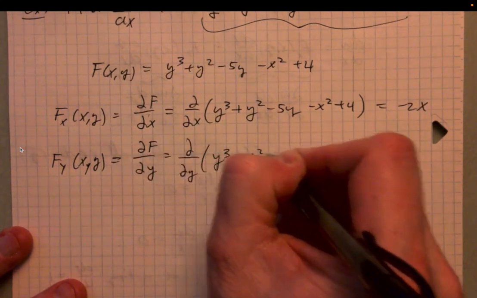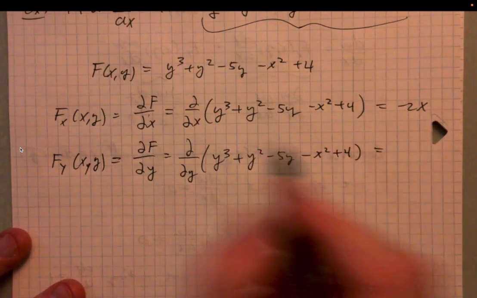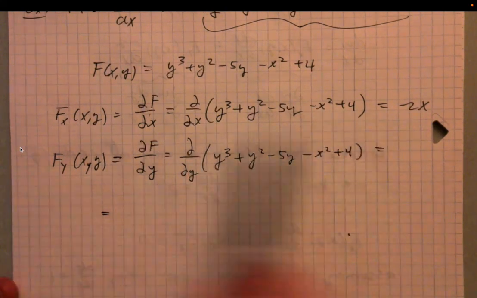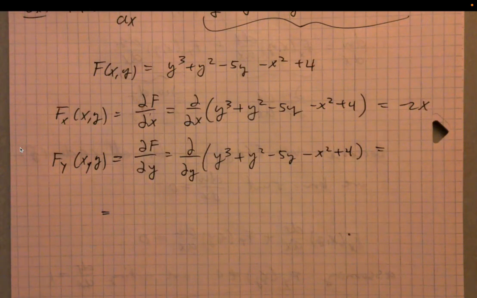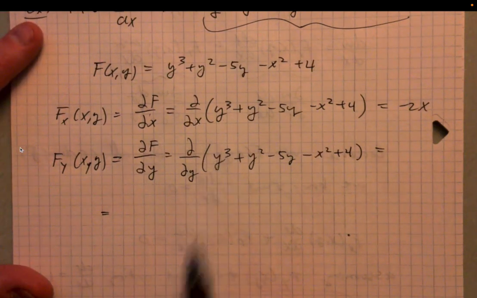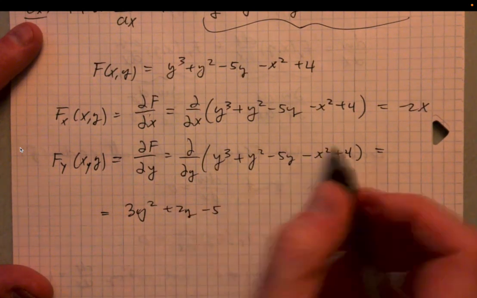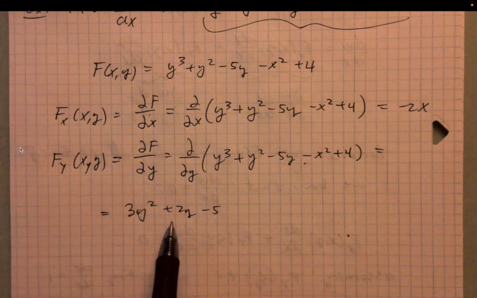I hate it when people get lost in the notation because the notation abruptly shifts. So I like to blend the notation together once or twice so people can see how each of these things are related. Here we've got 3y squared plus 2y minus 5, and the rest are constant. So that's the partial with respect to y.